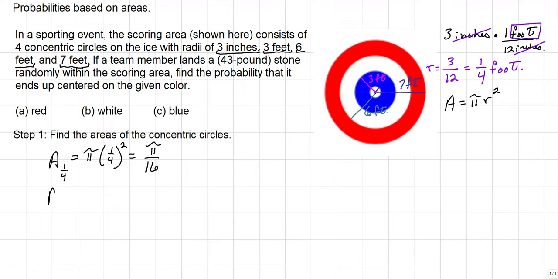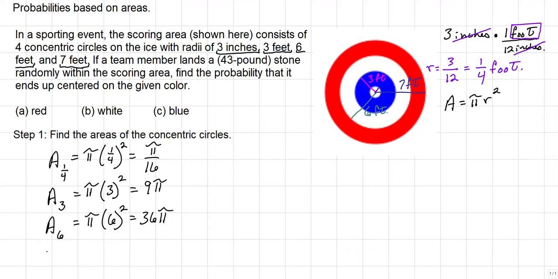So now let's find the area of the circle that has a 3-foot radius. That will be equal to pi times 3 squared, and that's equal to 9 pi. And then we'll find the area of the circle with a 6-foot radius, and that will be equal to pi times 6 squared, which will be equal to 36 pi. And then the area of the circle with a 7-foot radius is going to be equal to pi times 7 squared, which is equal to 49 pi.